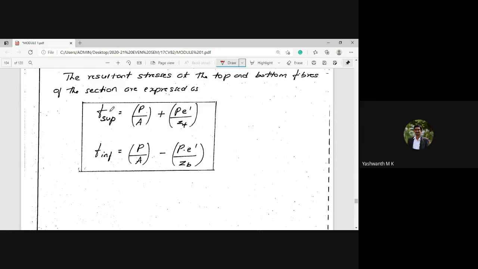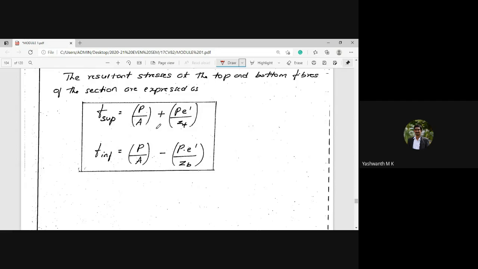F superior is equal to P by A plus P into E dash by ZT. F inferior is equal to P by A minus P into E dash by ZB. Please be careful, it is E dash, the shift of the pressure line from the centroidal axis of the section. That you need to substitute here.